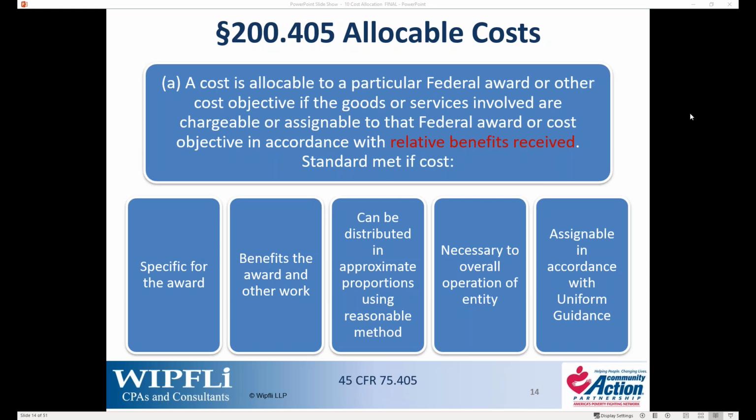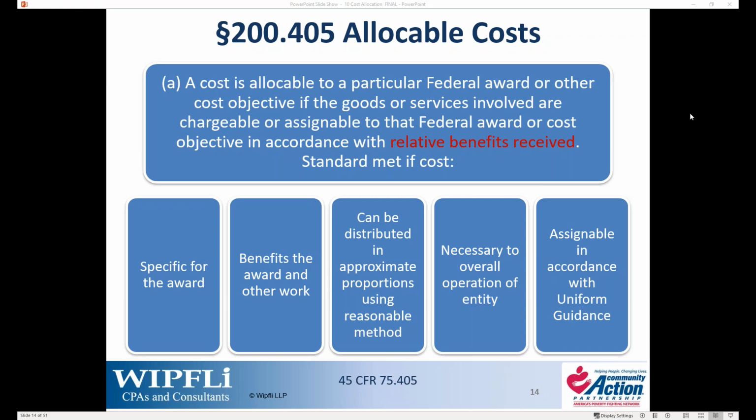The regulations require that you allocate based on benefit received. You don't allocate based on size. When you allocate based on size, all that does is charge the most amount to the biggest program. And that doesn't necessarily correlate to benefit received.